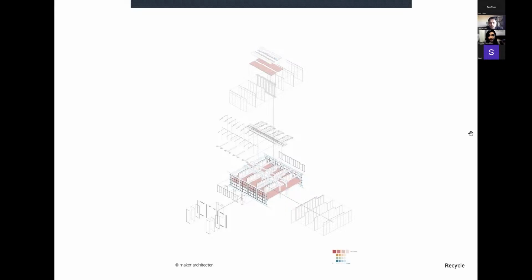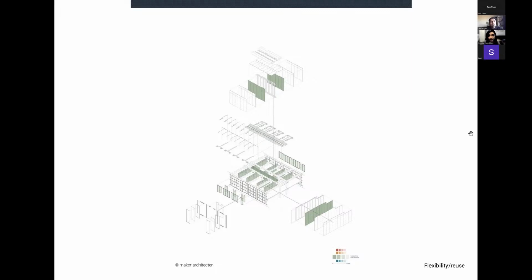The second was to recycle and reuse the floors and the ceilings as they are. And the third was the interior partition walls, which were designed on a 90 centimeter module, so that they can form various sizes of spaces inside the robust structure itself.